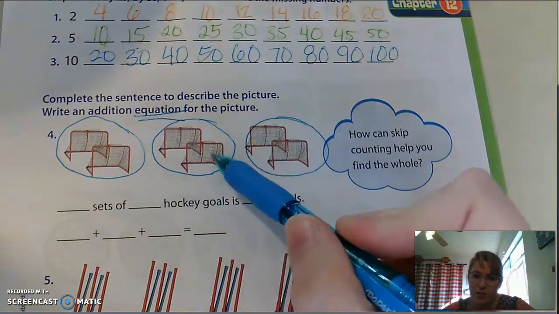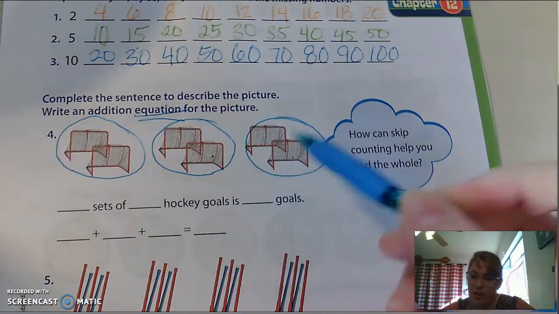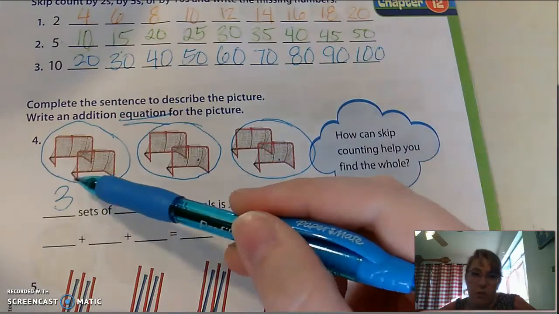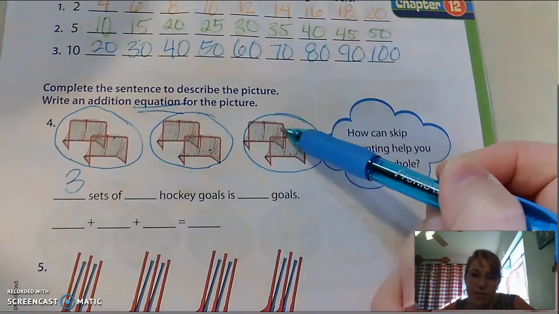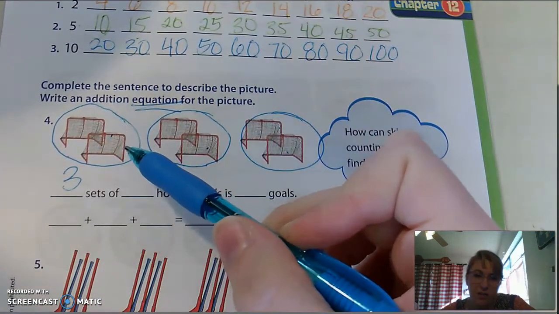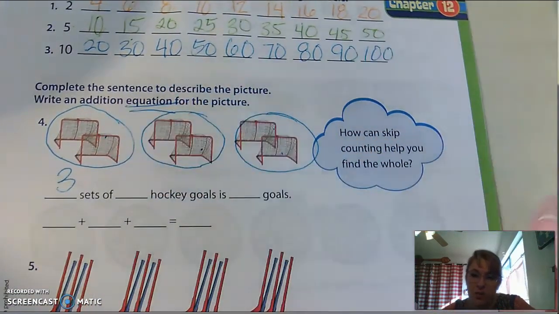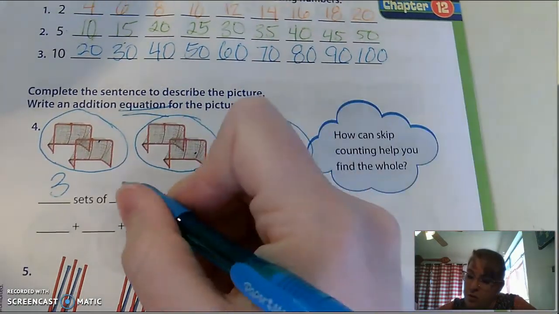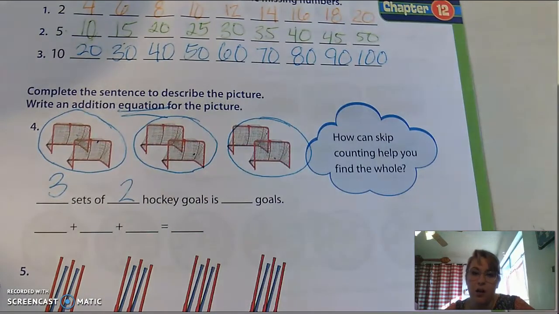So how many sets do I have? I have 3 sets. We have 1, 2, 3 sets. And how many hockey goals are in each set? 1, 2. Okay, I have 3 sets of 2 hockey goals.